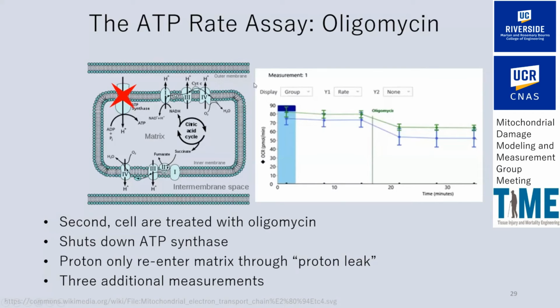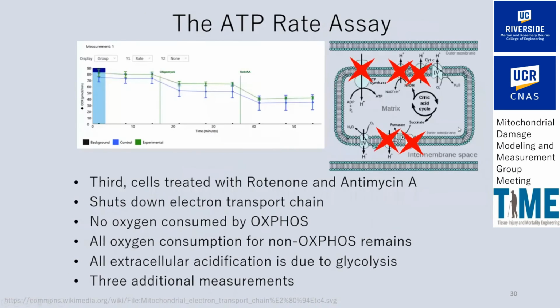They'll recognize the potential here is going up, and they'll pump fewer protons across the membrane. So it's reducing oxygen consumption indirectly. That's what's happening here. And under these conditions, protons are only re-entering through proton leak. So 3 additional measurements are taken after this treatment.